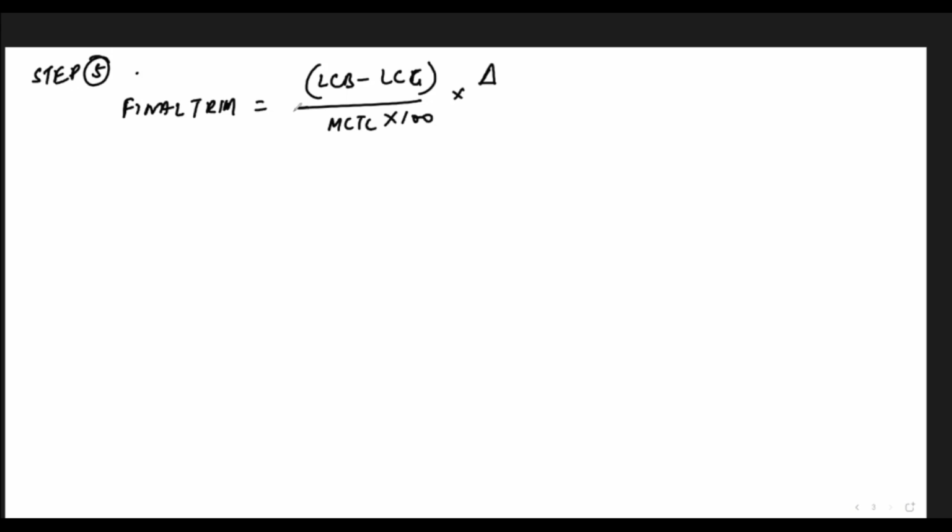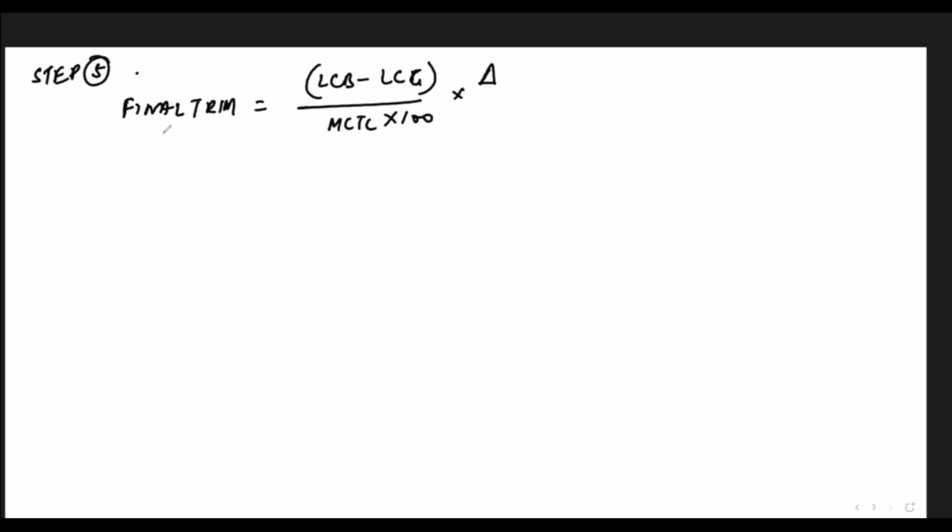So by the same formula, we will find the final trim. Any doubts? So final trim आ गया.